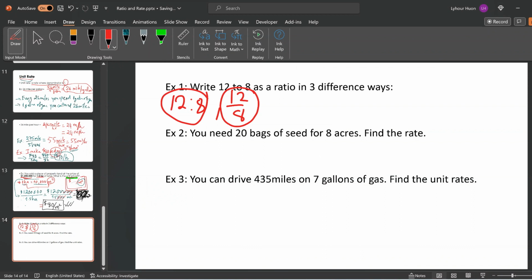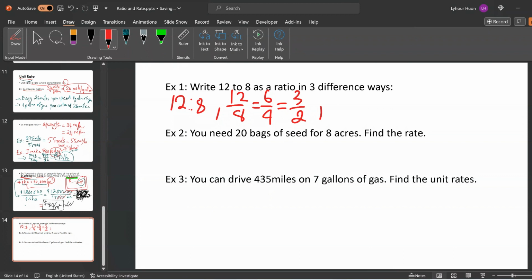We can simplify by 2, which is 6 over 4. Can it still be reduced? Yeah, 3 over 2, and that's it. So now we can write 3 over 2.